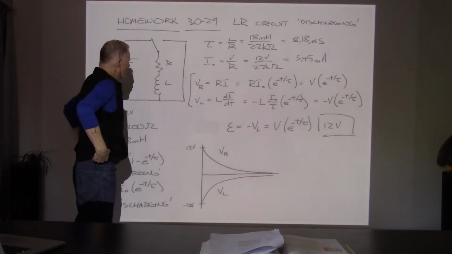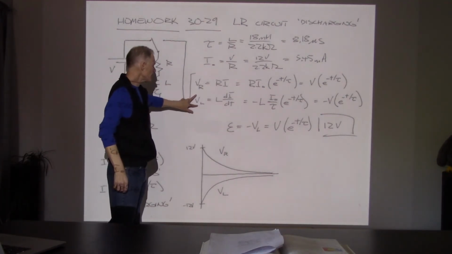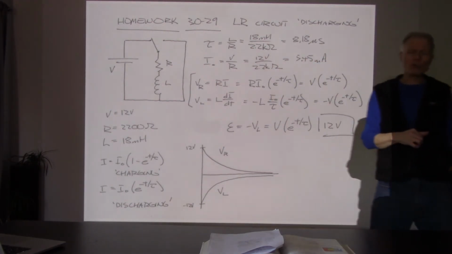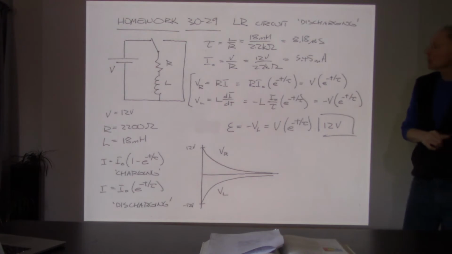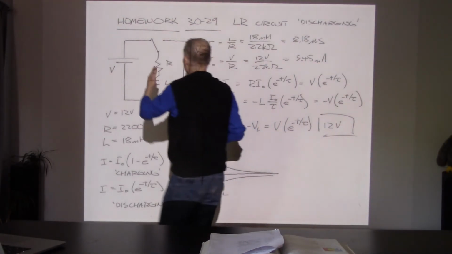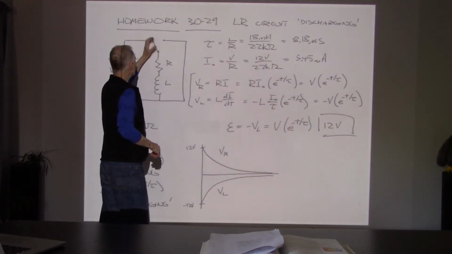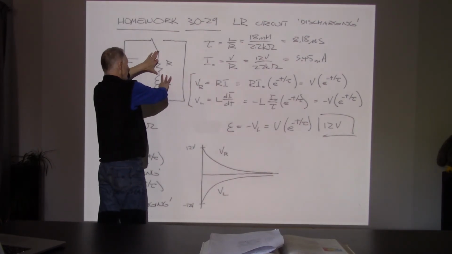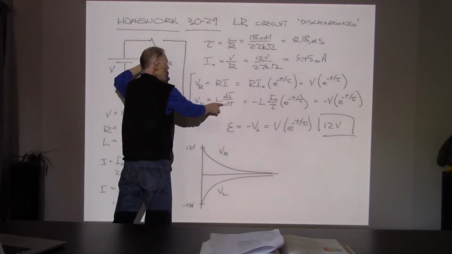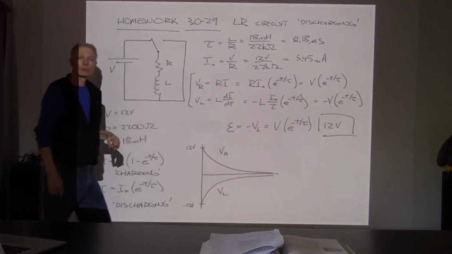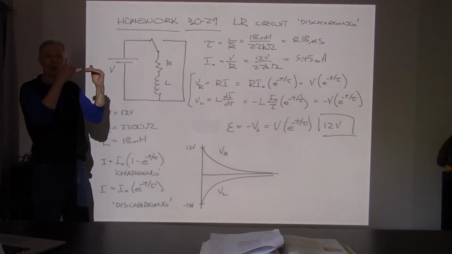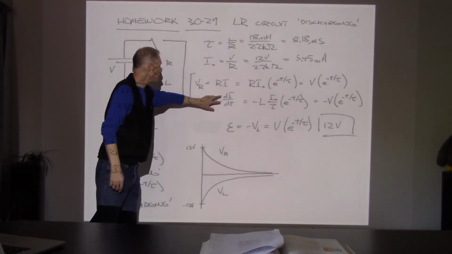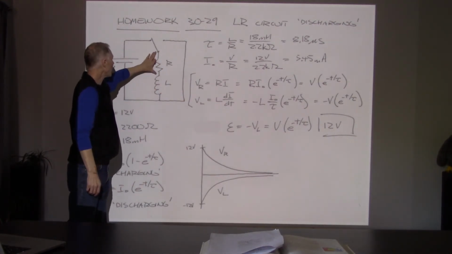But what we find for the inductor is that it's going to be at negative 12 volts when that happens. When we had reached a steady current, the resistor was at 12 volts, the inductor was at 0 volts because di/dt had gone to 0. The current had reached a steady constant value. Di/dt was 0, no voltage here, all 12 volts here.